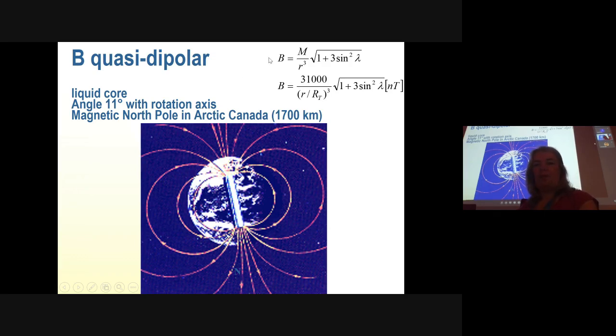The magnetic field intensity in a dipole decreases as the cube of the radial distance, and is 2 times larger, for instance, at the surface of the Earth in the polar region than at the equator.